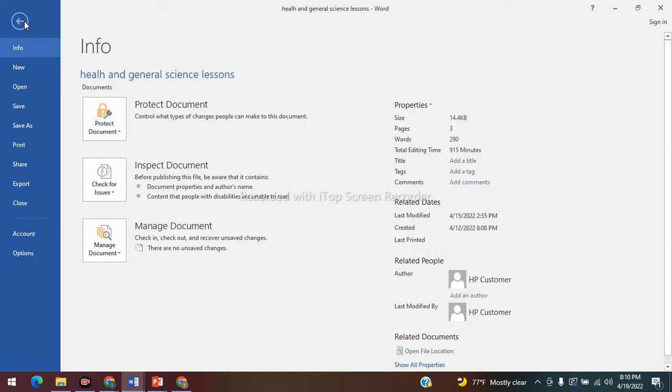Give me an example of a class of vertebrate. Fish. Mammals.